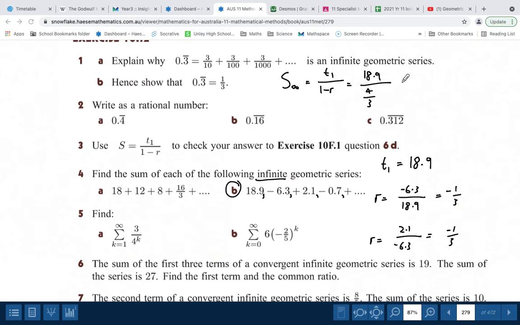Right. This is the same as 18.9 times 3/4, and I've done that on my calculator, and it's come out to equal 14.175. So this series would converge on this particular value.